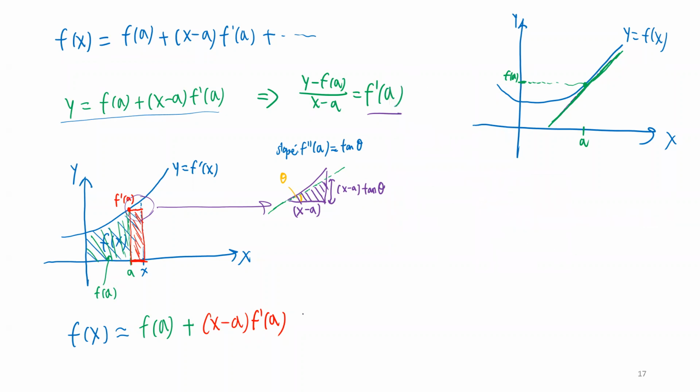So the next term is 1/2 (x minus a) squared f double prime a. Geometrically, we can see that this term gives us a further improvement on approximating the function over here.